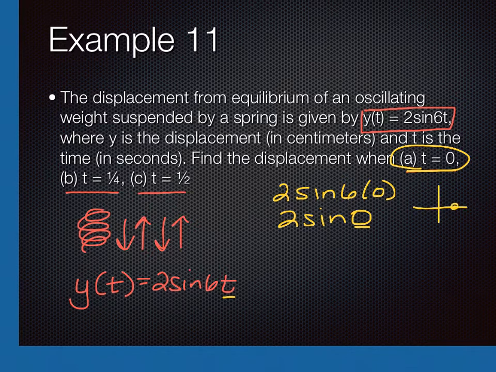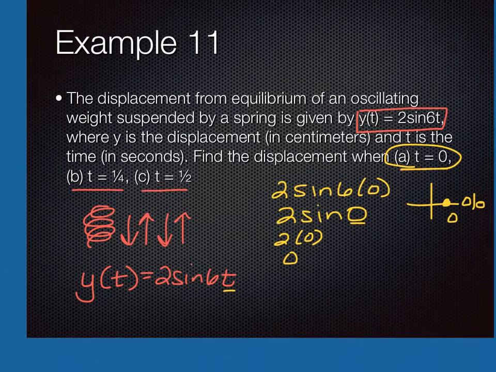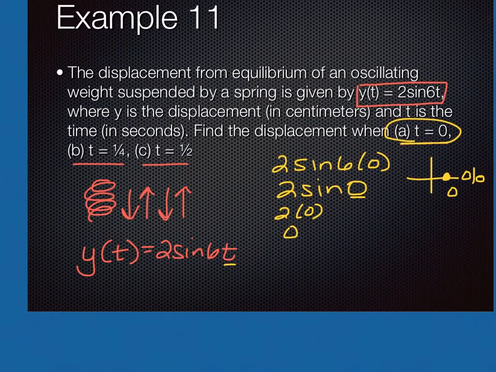What is the sine of 0? And we know that the sine of 0 degrees or 0 radians would be 0. So 2 times 0 is 0. And hopefully that makes sense. If it hasn't been displaced at all, if it hasn't even been pulled, then the displacement should be 0. So when t is 0, the displacement, or y of t, equals 0.